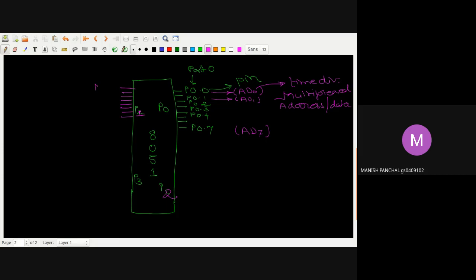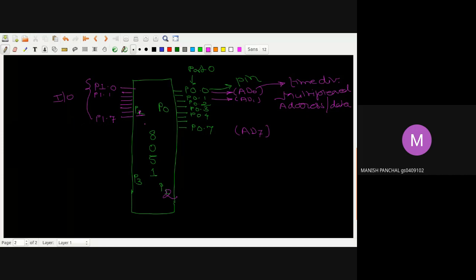If I say P1, the first 1 shows the port, and the pin number is 0, so this is P1.0. Like this is P1.1, and up to this will go P1.7. So this is defined as port P1. Here these ports can be used only for IO, input and output.